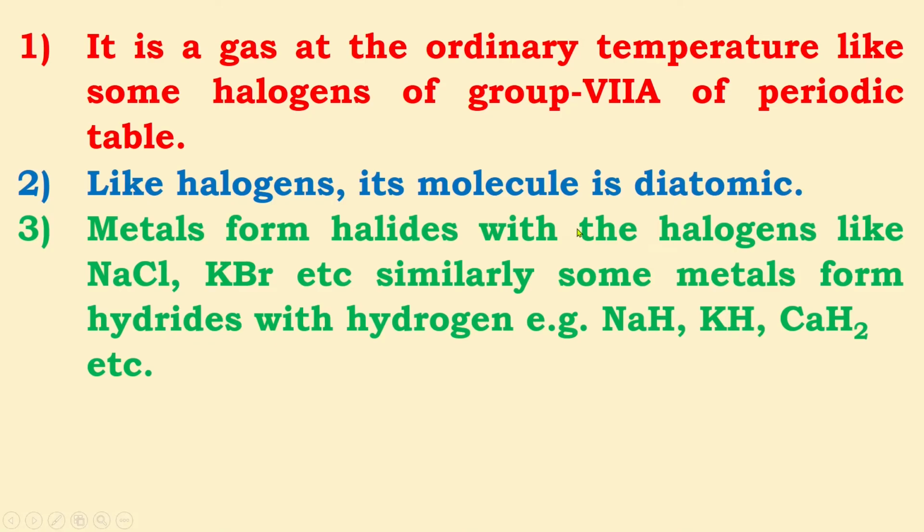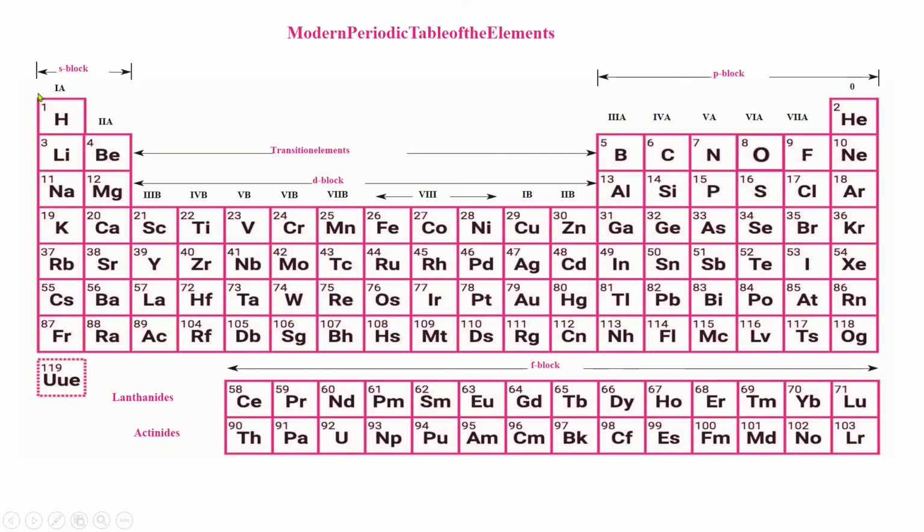There is another reason also due to which we can keep hydrogen in group 7A. If hydrogen is placed in group 7A just above fluorine, then there won't be a big gap between hydrogen and helium, and the periodic table seems to be nice.